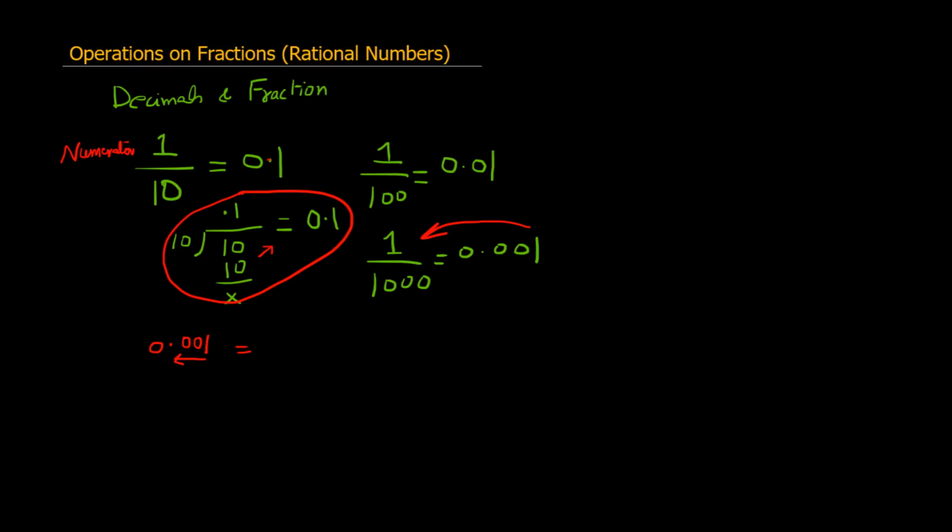So there are 3 digits after the decimal. So you have to multiply this with 1000 because 1000 has 3 zeros. And this way we will get rid of this decimal. So if we multiply this with 3 zeros, because for every 10 multiplication a 0 goes here.